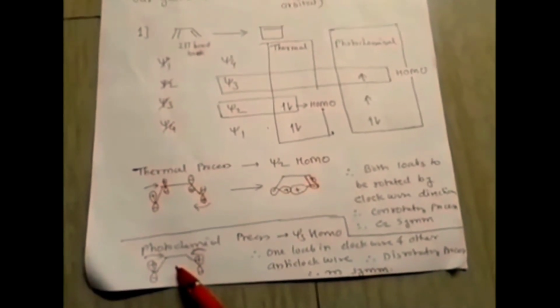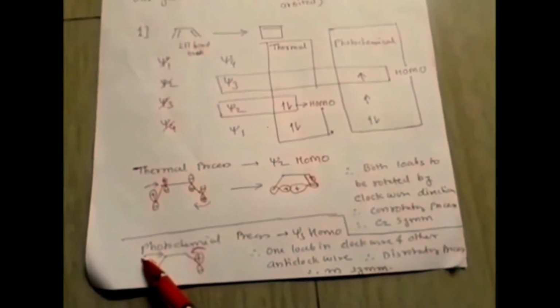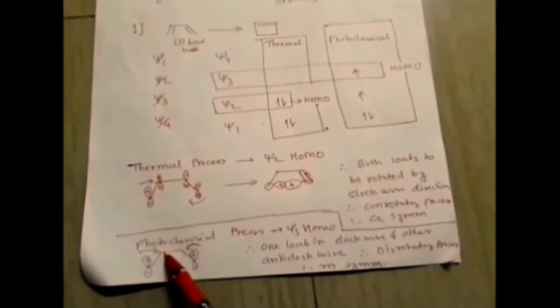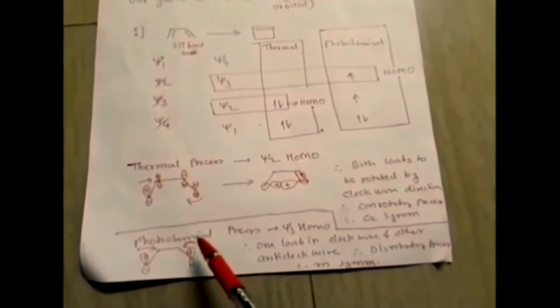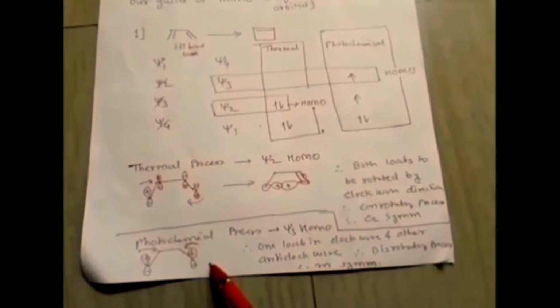Now, how is the photochemical process disrotatory? In case of the photochemical process, Psi3 is HOMO, and its structure is like this. To match this positive orbital, one orbital is rotated in the clockwise direction, whereas the other in the anti-clockwise direction.